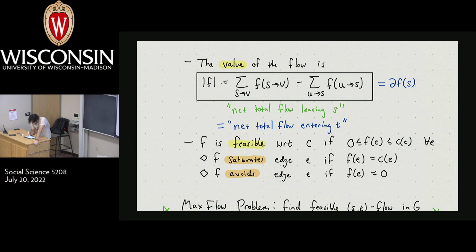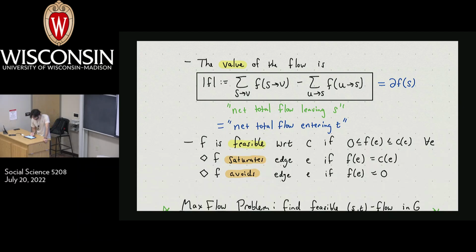This is equal to the total flow leaving S minus the total flow going into S. So in other words, it's the net flow leaving S. And I'm going to use this notation to mean the net flow leaving a node. So in particular for S, this is the formula for partial F of S. That's just the net flow leaving S.